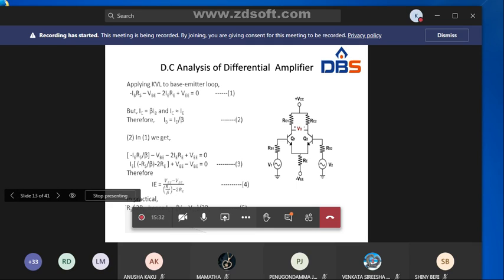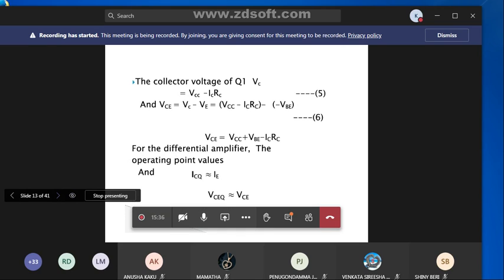So VC equal to VCC minus IC RC, and VCE equal to VC minus VE. So here VCE equal to VCC plus VBE minus IC RC. It is the collector to emitter voltage. So these are the operating point coordinates. IC and VCE are the operating point coordinates.